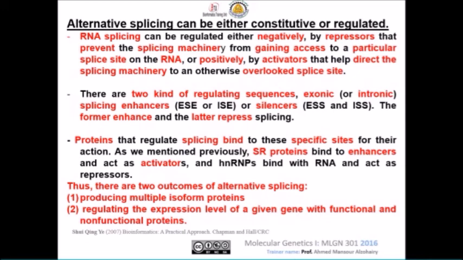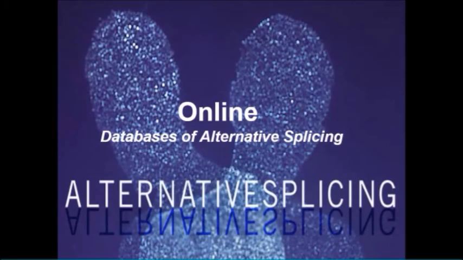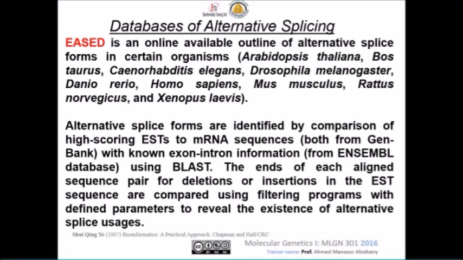Alternative splicing can be either constitutive or regulated, and these are two different ways of alternative splicing. But overall, there is an online database for alternative splicing, as we mentioned before.